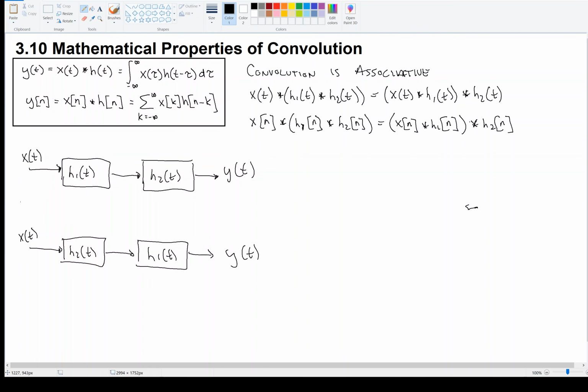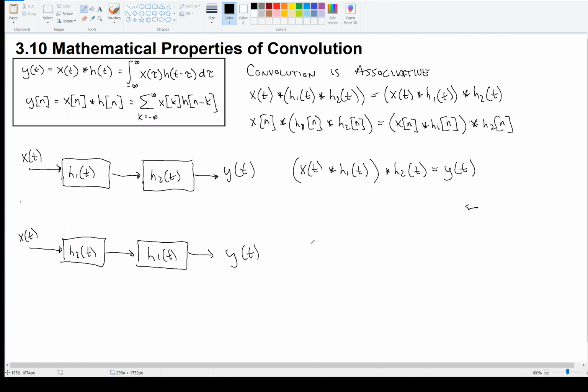So let's understand that interpretation. In the first picture, I have x, and then what do I get out of the first box? Well, x convolved with h1. Okay. Then that's the input to the next box. So what do I get out? Well, that convolved with h2. That's what I get out.